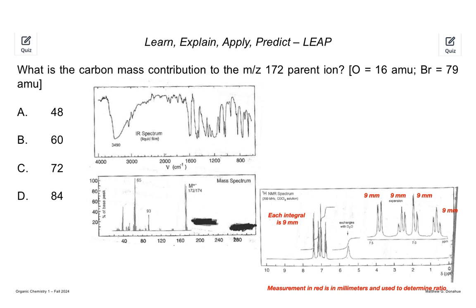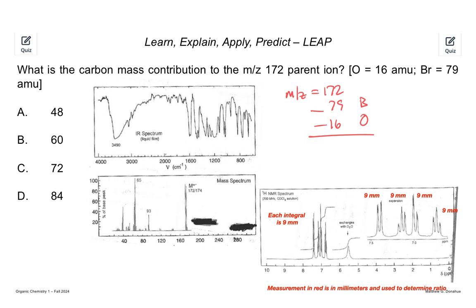And so you can look at the number of signals in the carbon and count how many carbons there are, but I'm just showing you another way to do this. It's basically saying if the parent has a mass of 172 and we figured out that there's bromine and oxygen, we'll subtract those out and get some value, divide that by 12, and that's going to give us an estimate of the number of carbons.